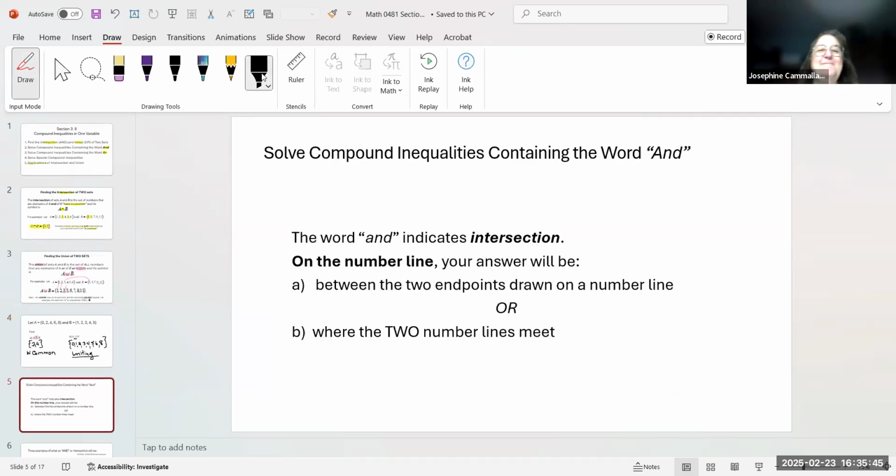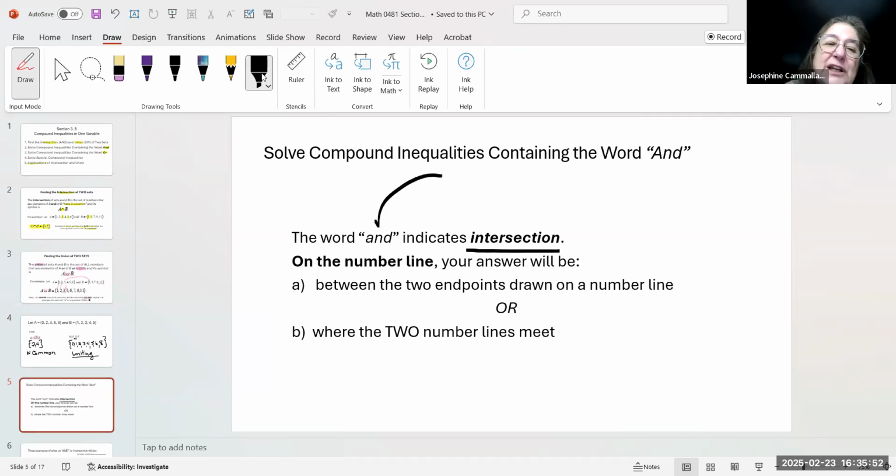Now, okay. When we talk about the word intersection, in mathematics, we use an and. Now, on your number line, remember interval notation comes from a number line. Writing and drawing your number line correctly is going to give you a correct answer.